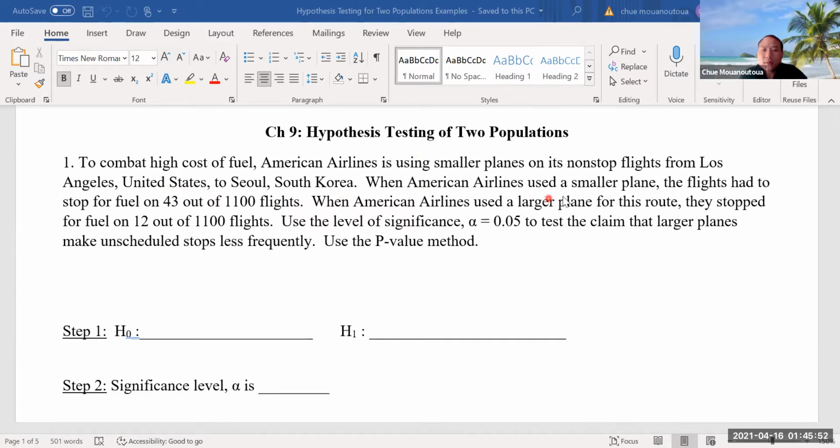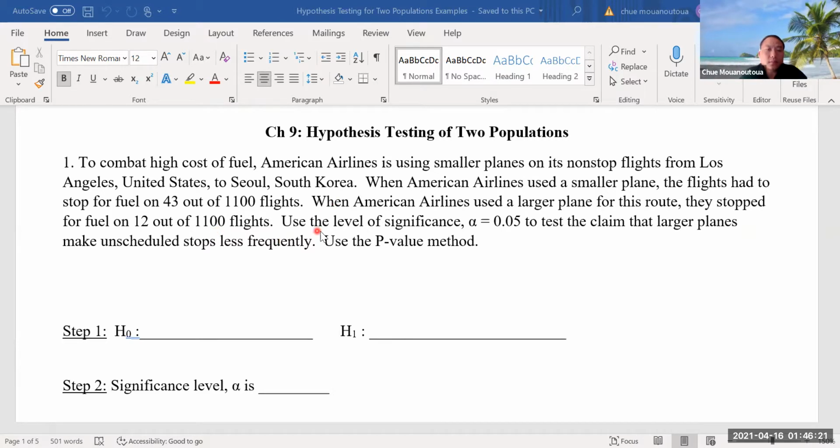When using a smaller plane, the flights had to stop on 43 out of 1100 flights. When using a larger plane for the same route, they stopped on 12 out of 1100 flights.